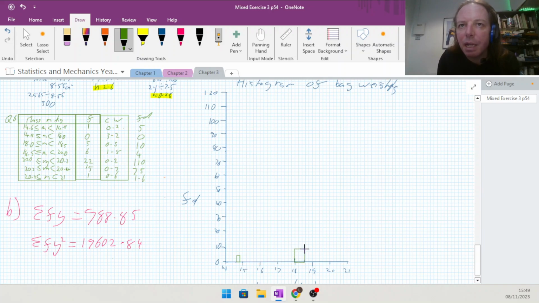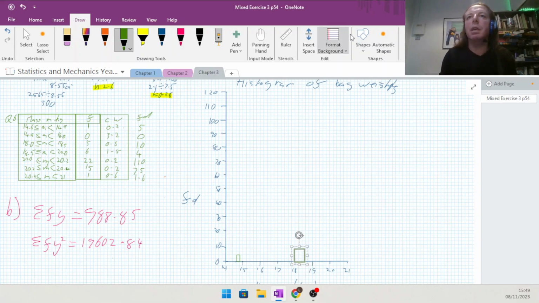Where's 10 marked, a bit lower there? We can then do the next one, which is 4, just underneath that, and it's going 18.5 to 20.